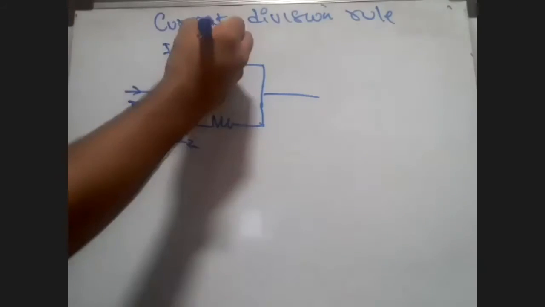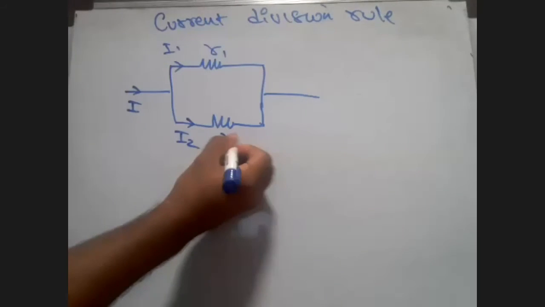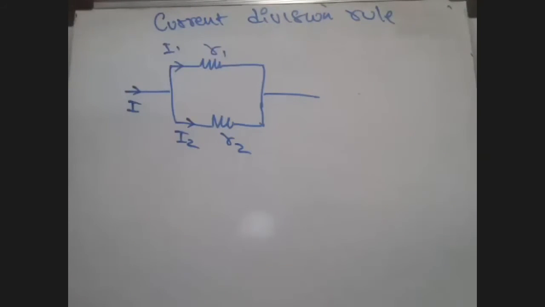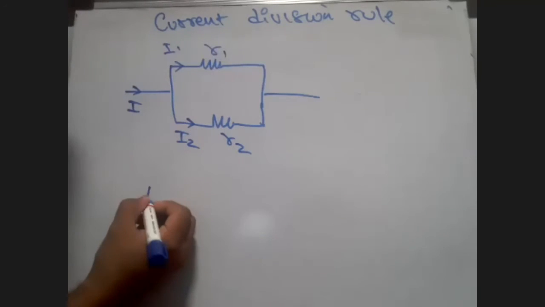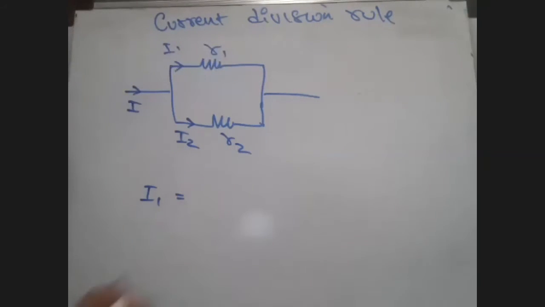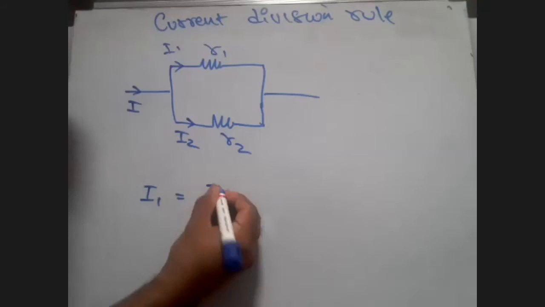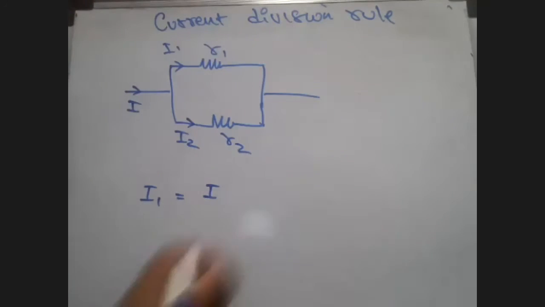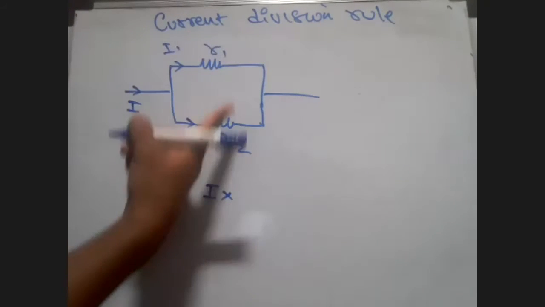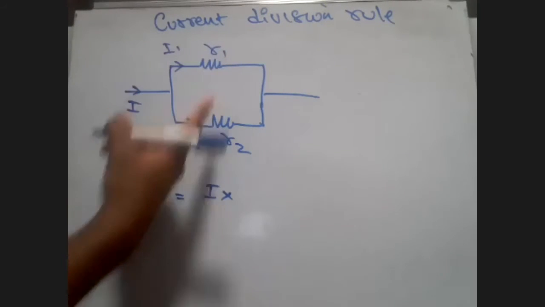Let's take these resistances to be R1 and R2. If I have to find the current I1, the simple rule is I1 will be equal to the incoming current, that is the total current I over here, into the resistor opposite to the one you are considering.